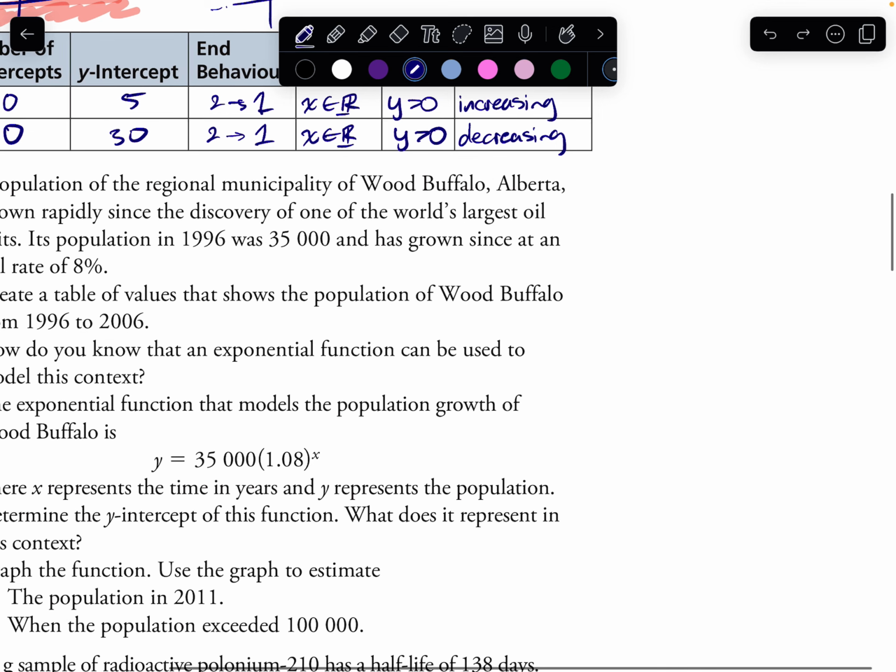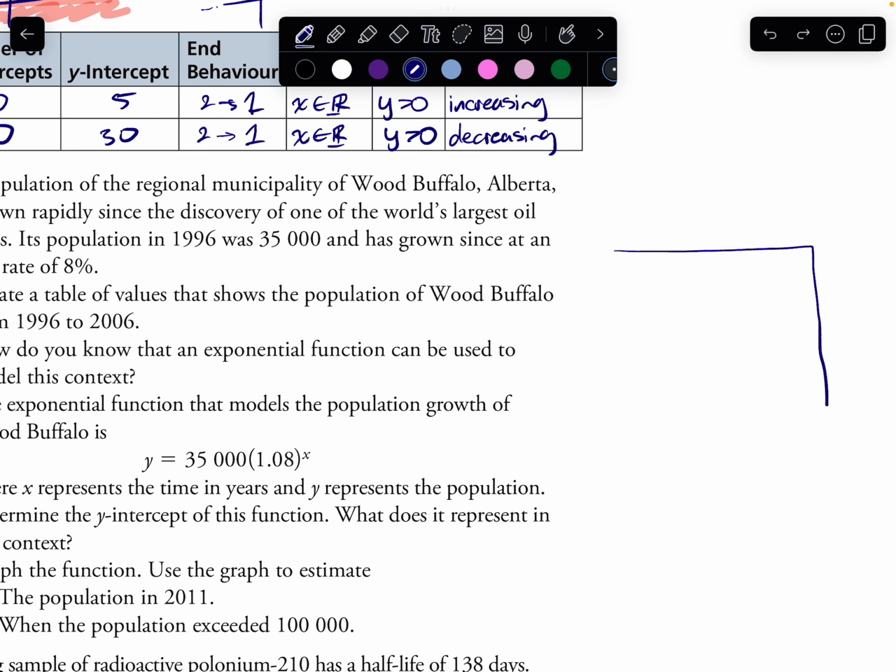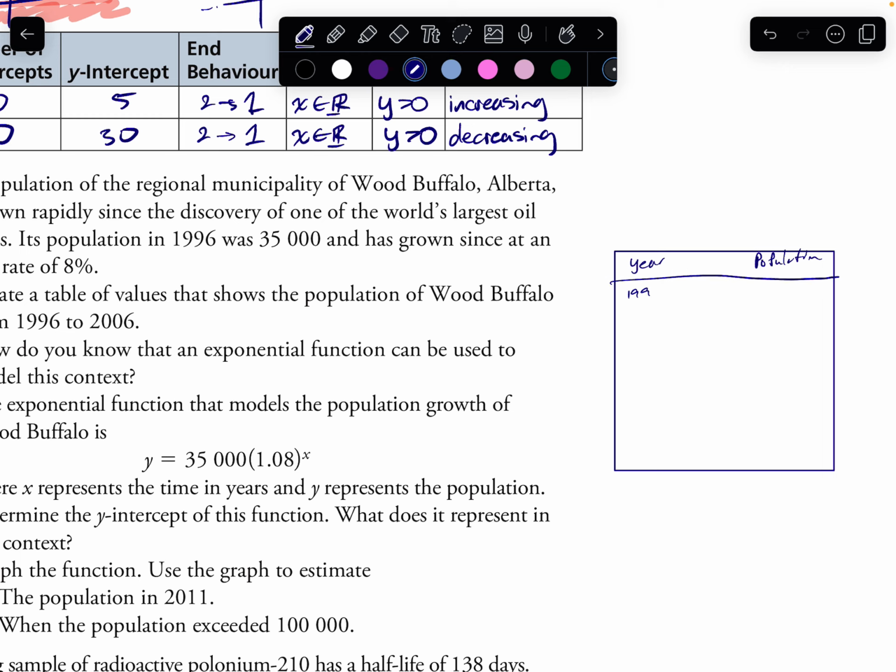Okay, so we start off here. Have our table. 1996, 97, 1998, 99, 2000, 2001, 2002.